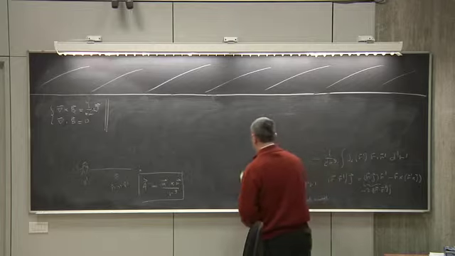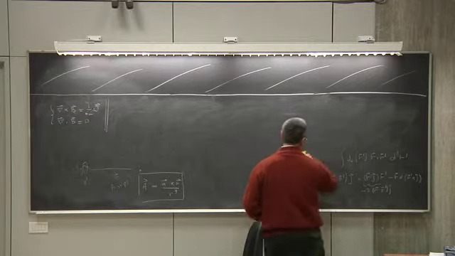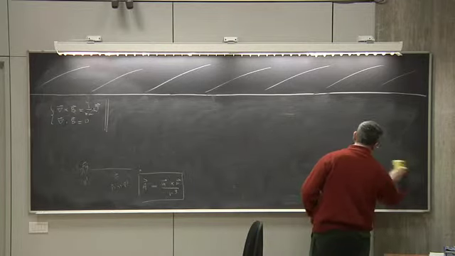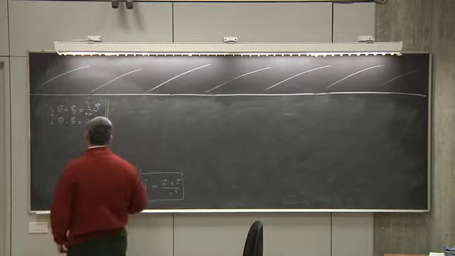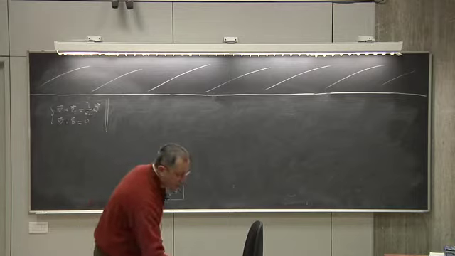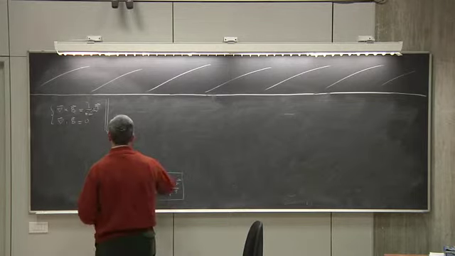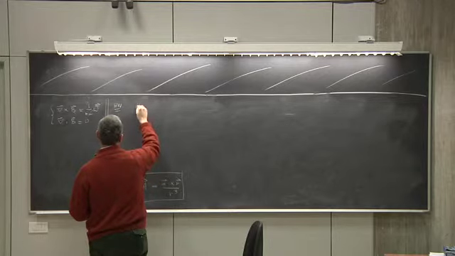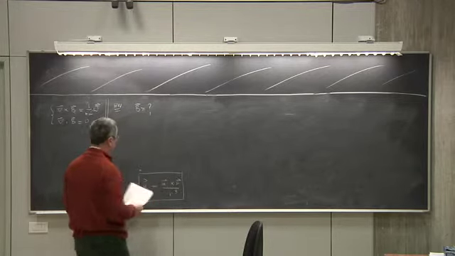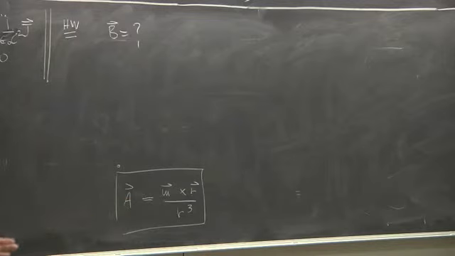But first, maybe I'll give you another exercise for Monday. So we have the vector potential. Homework: what is the B field? You have A, so if you take a curl, and if you are persistent, you get the magnetic field.